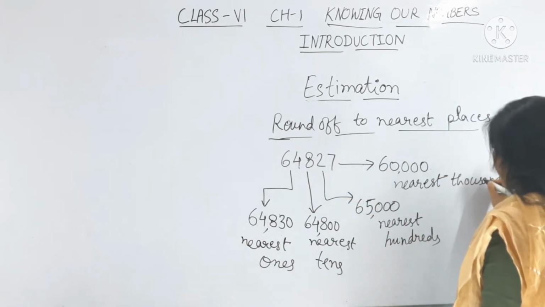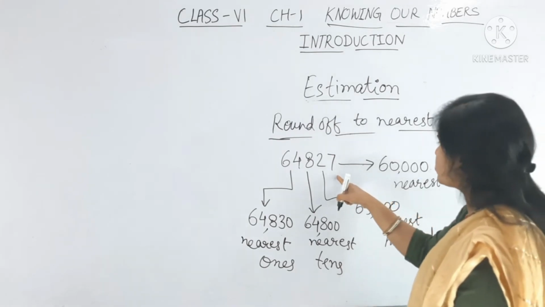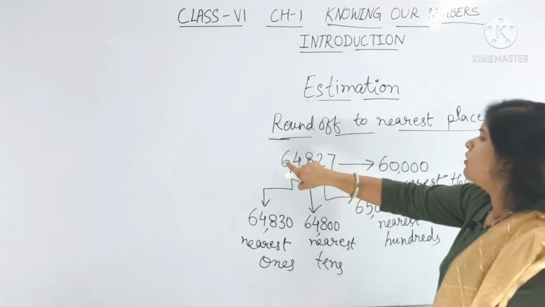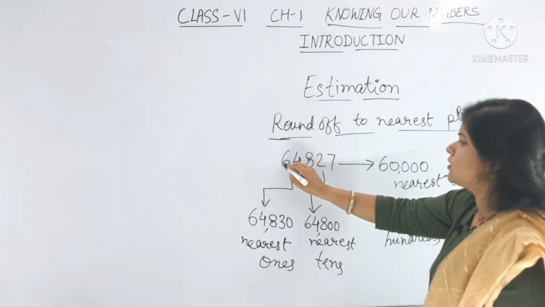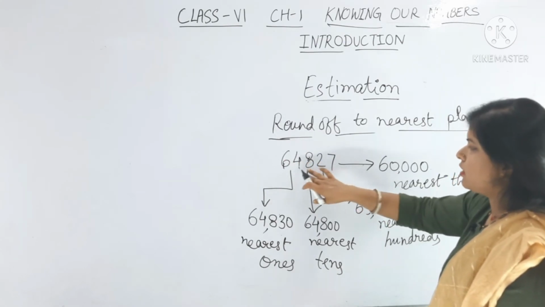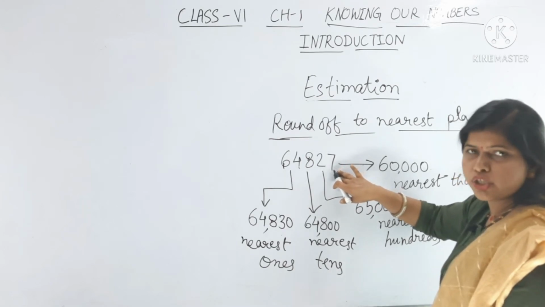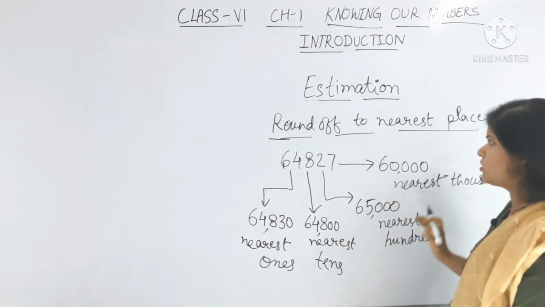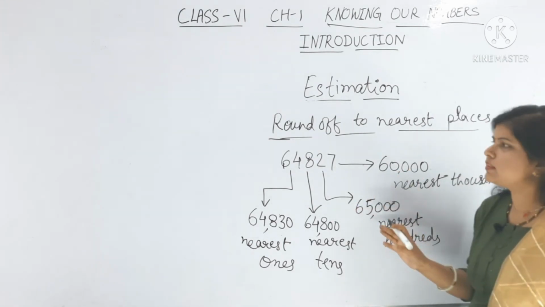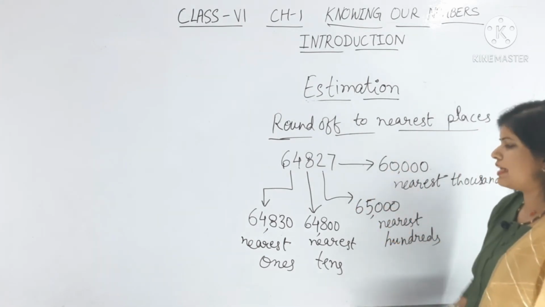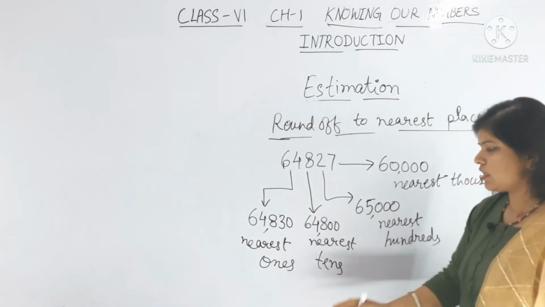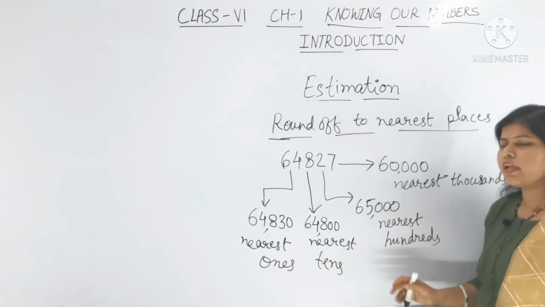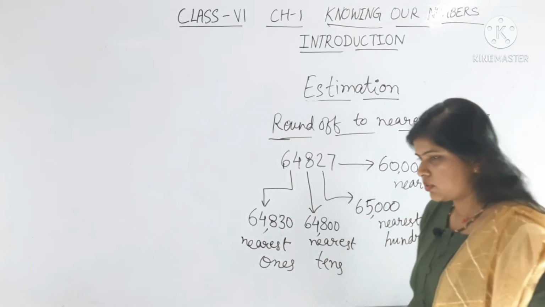For the nearest thousands you have to see here that it is 4, so we cannot replace 6, but we have to replace this number with 0, that is 60,000. So like this you have the question in this chapter, that is round off to the nearest place, maybe ones, nearest tens, nearest 100, nearest thousands. So that is the question.